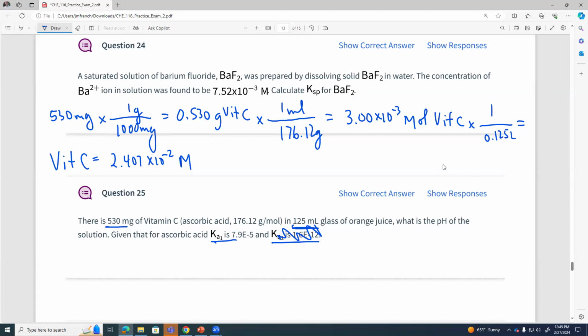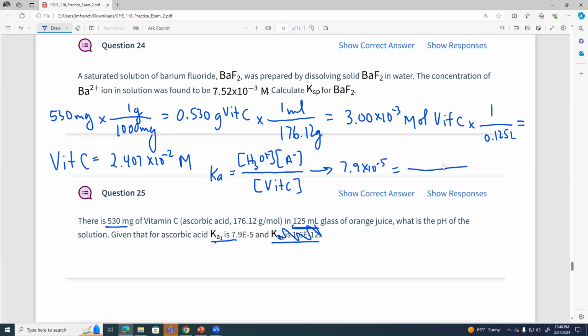Let's see, I'm going to have enough room to write this out. So Ka equals our hydronium, the conjugate base of vitamin C, all over the concentration of vitamin C. We know the Ka, it's 7.9 times 10 to the minus 5.